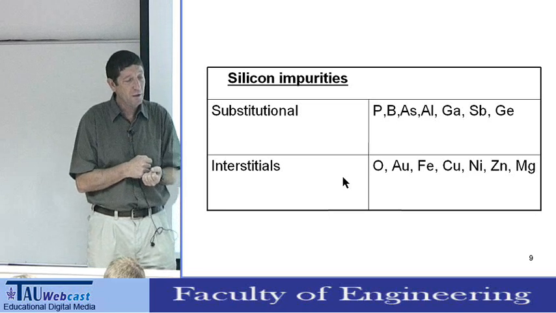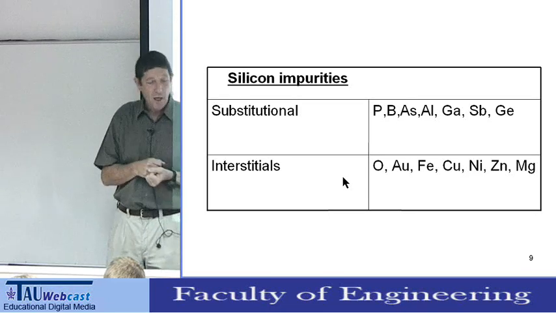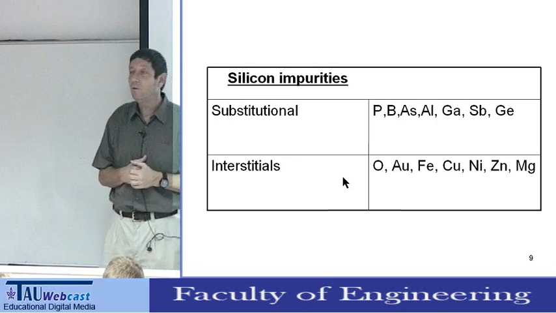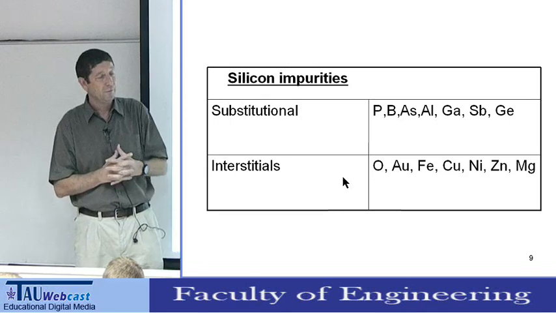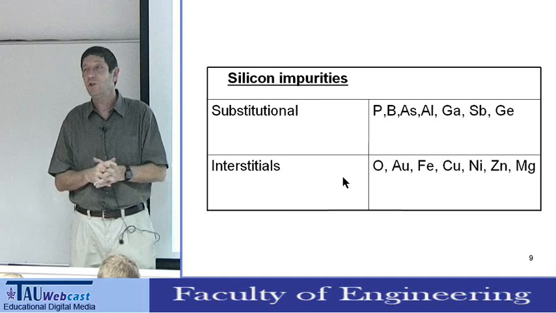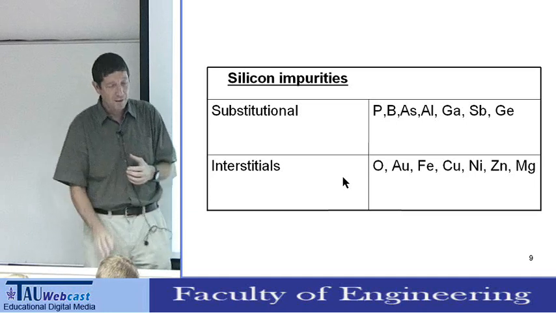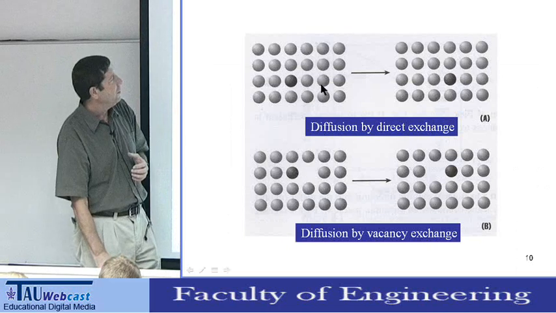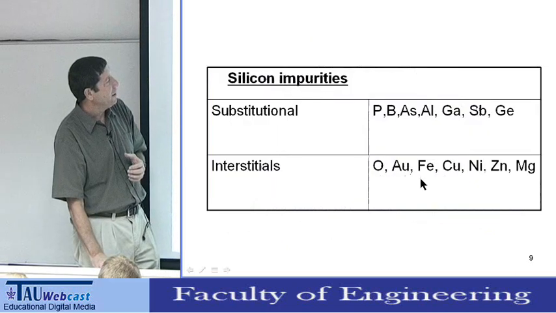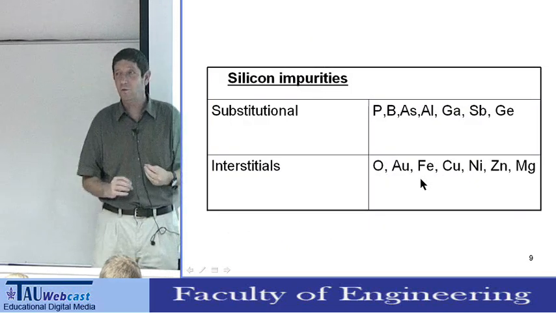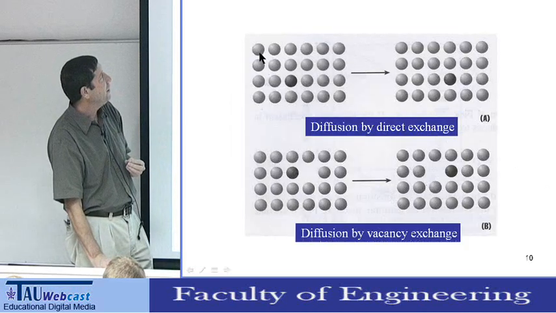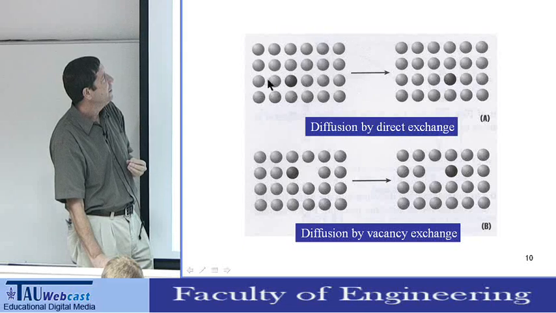So they are substitutional. Oxygen, gold, iron, copper, nickel, zinc, magnesium, practically most metals, are interstitial. They don't replace the silicon, but are sitting between the atoms of silicon. Let's imagine you have a perfect crystal, and in this crystal you have an atom which is a foreign atom.